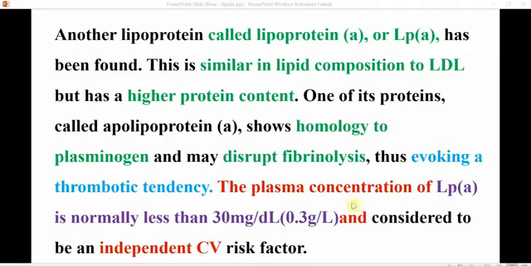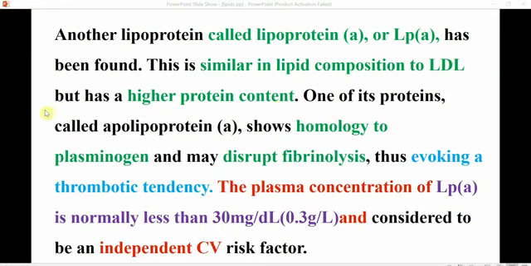Another lipoprotein has been recognized in addition to the previously mentioned five lipoproteins, called lipoprotein A, represented as Lp(a). It has a lipid composition similar to that of LDL, but a higher protein content.